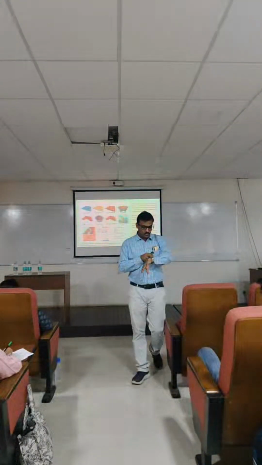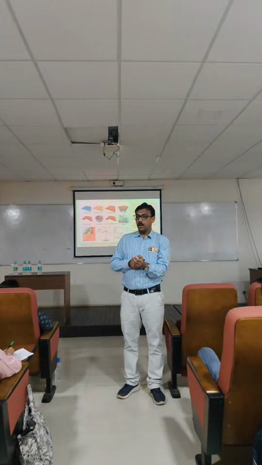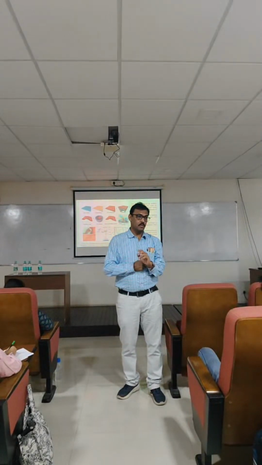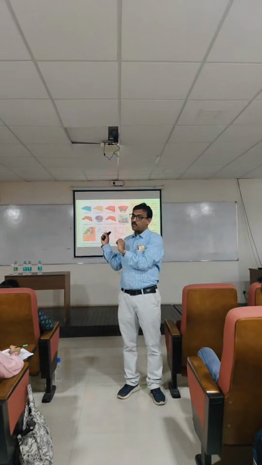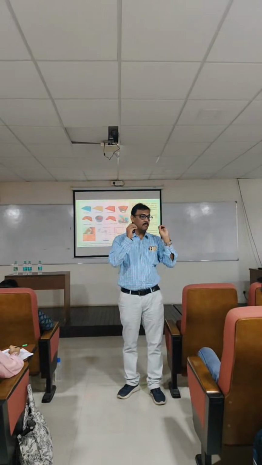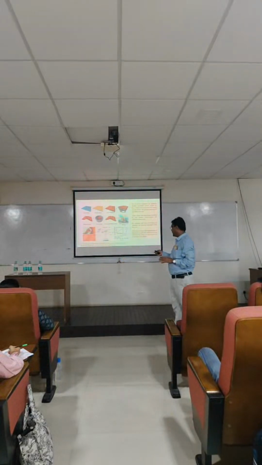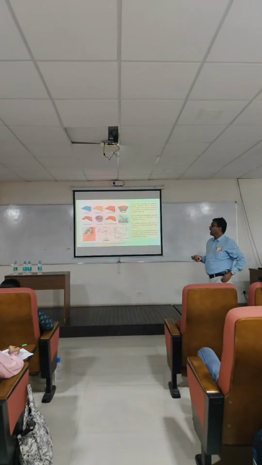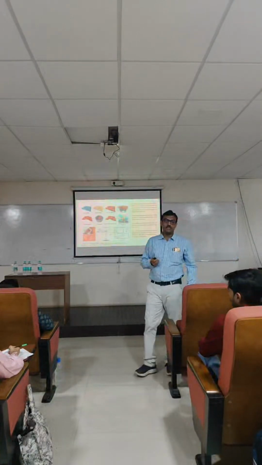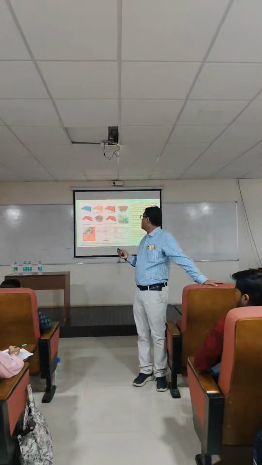So I'll now give you a few examples of what people have used. These are not my work. I am just giving you some work which is published in good journals, like ACS Nano. It is a FET based sensor, a transistor based system.